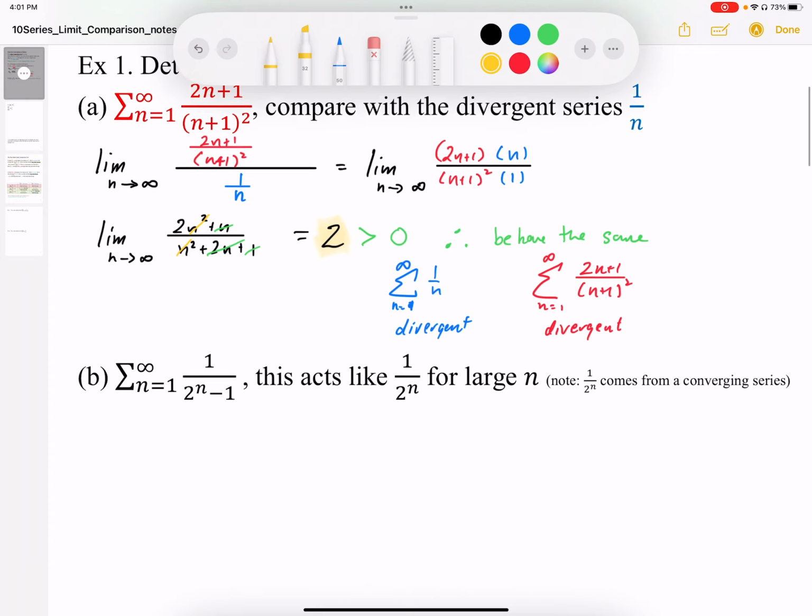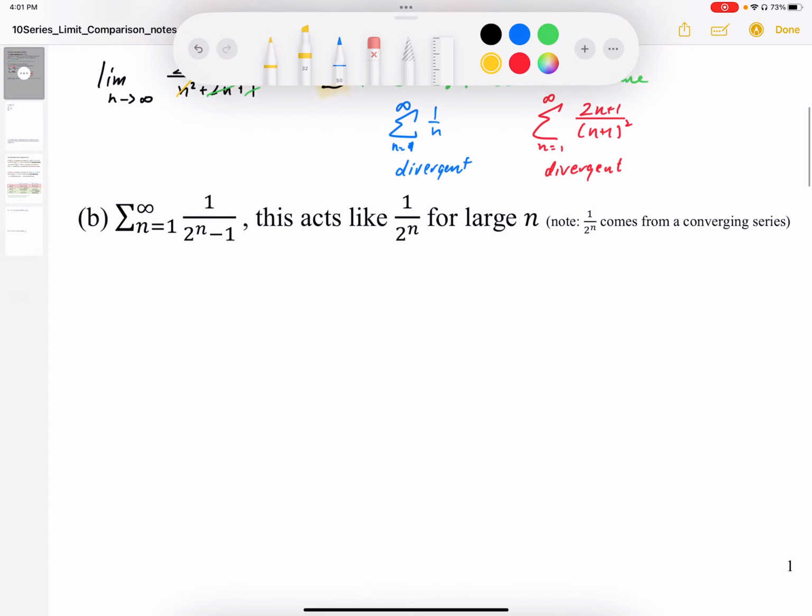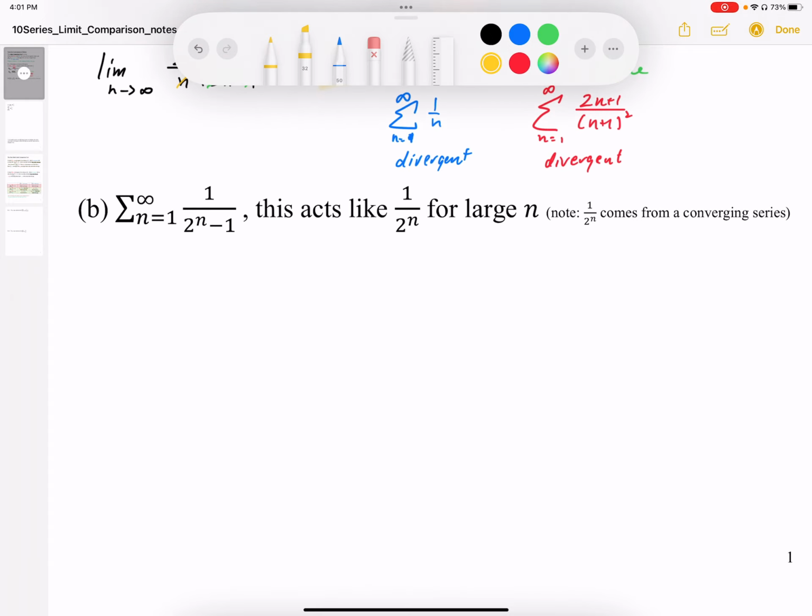So we'll try another one here. For this series, we should again have a sense of whether it is going to converge or diverge. Once we establish that, hopefully we have enough experience to think of some series that we already know that we can compare it to. So this is 1 over 2 to the n minus 1.